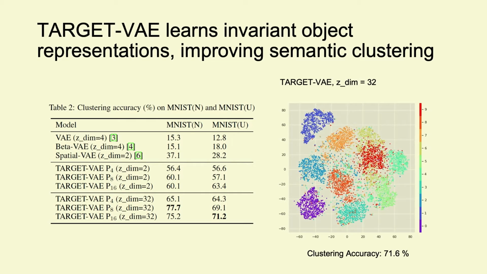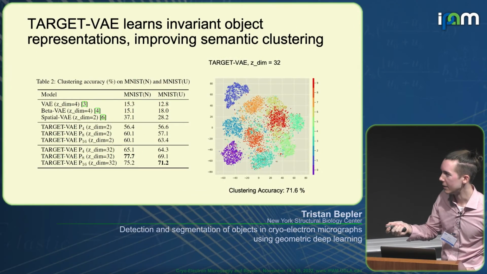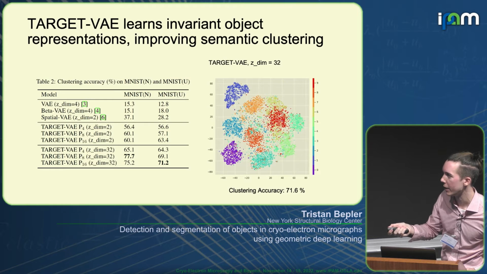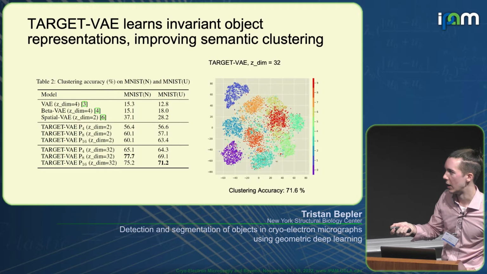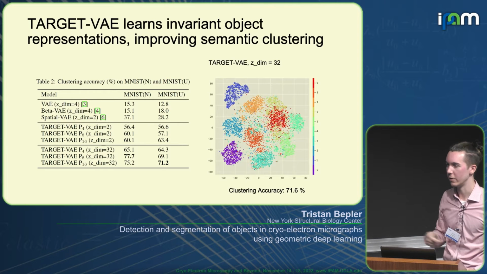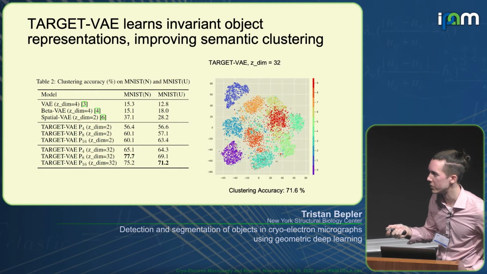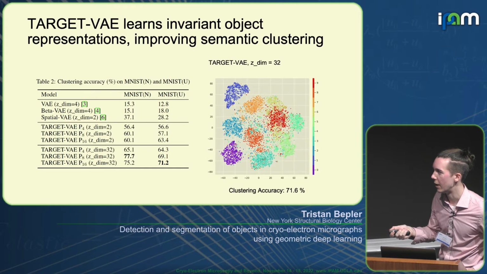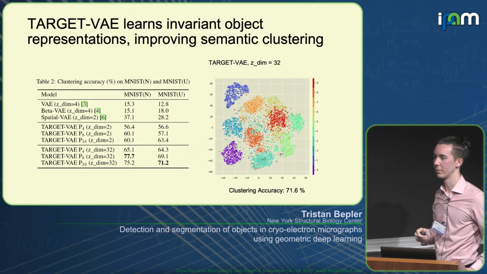We're looking at 3 networks with different levels of granularity: 4, 8, and 16, breaking rotations up into that many discrete steps. If we go from 4 to 8, we get a pretty big improvement in clustering accuracy of the digits. There is some improvement going to 16, but it's not that big.